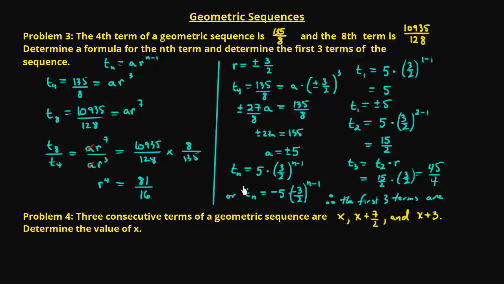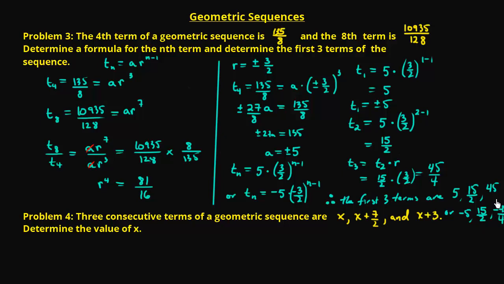So we could have that the first term could be 5, and then 15 over 2, and then 45 over 4, or negative 5, negative 15, positive 15 over 2, and then negative 45 over 4.